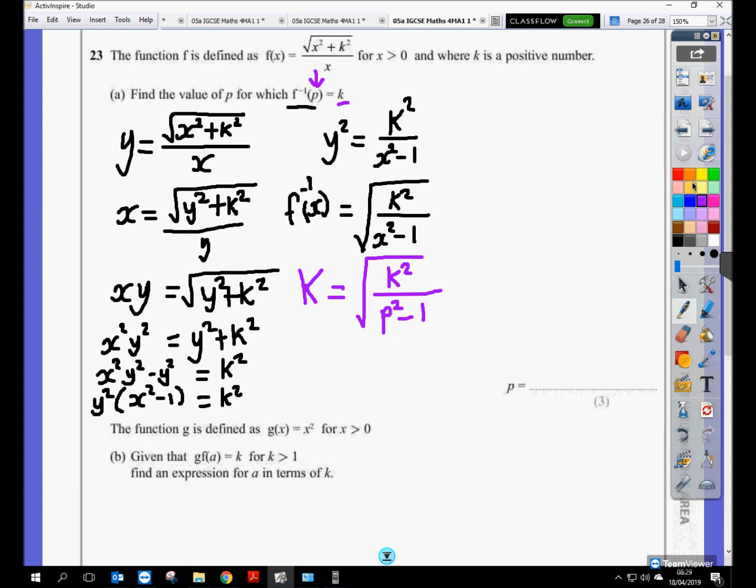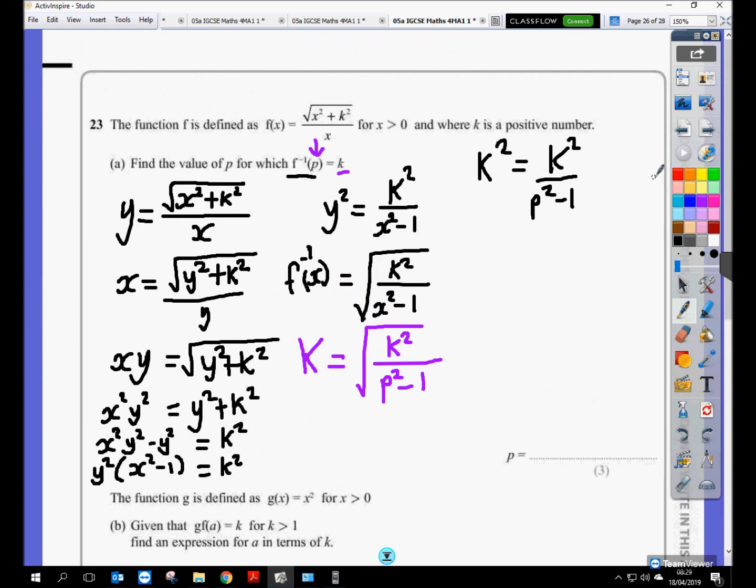Okay, so how do we do this? Well, square both sides to get rid of the square root. So you have k squared equals k squared over p squared minus 1. You can do a bit of rearranging here. If you ever have a situation where a equals b over c, then you can swap c with a.